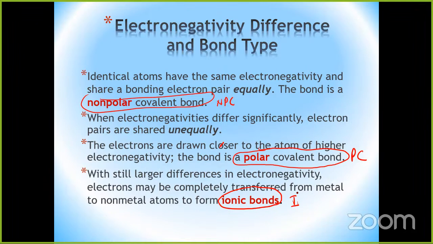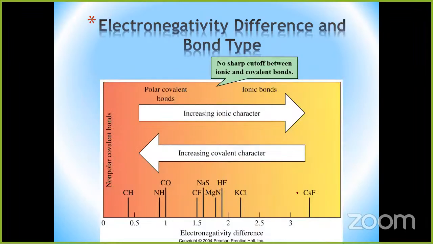So as far as differences in electronegativities are concerned, these are the three types of bonds that you can categorize. You have the nonpolar covalent bond, where the electrons are shared equally. You have the polar covalent bond, where you have an uneven sharing of electrons because one atom is more electronegative than the other. And then you have the ionic bond, where the difference is so large that you have a complete transfer of electrons from the least electronegative element to the more electronegative element.